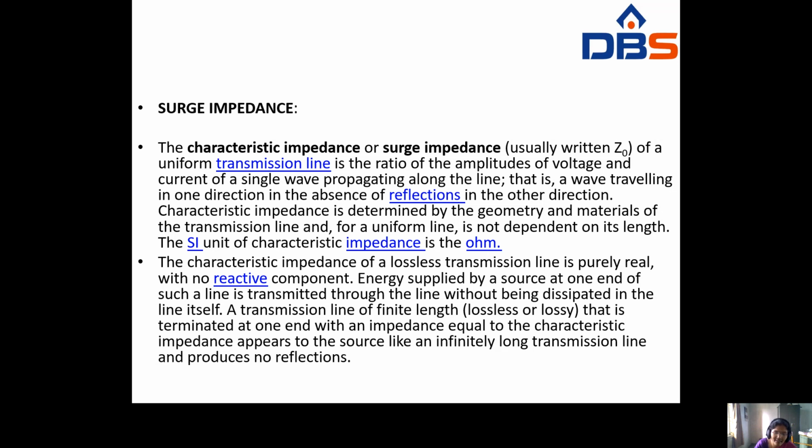A transmission line of finite length that is terminated at one end with an impedance equal to the characteristic impedance appears to the source like an infinitely long transmission line and produces no reflection.